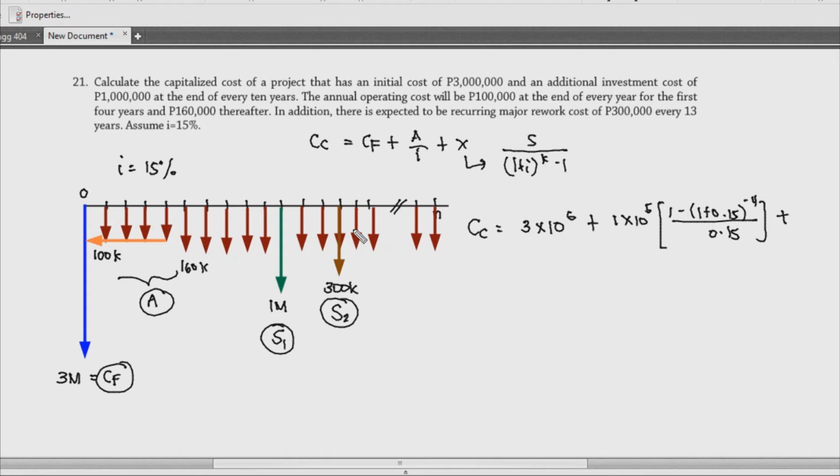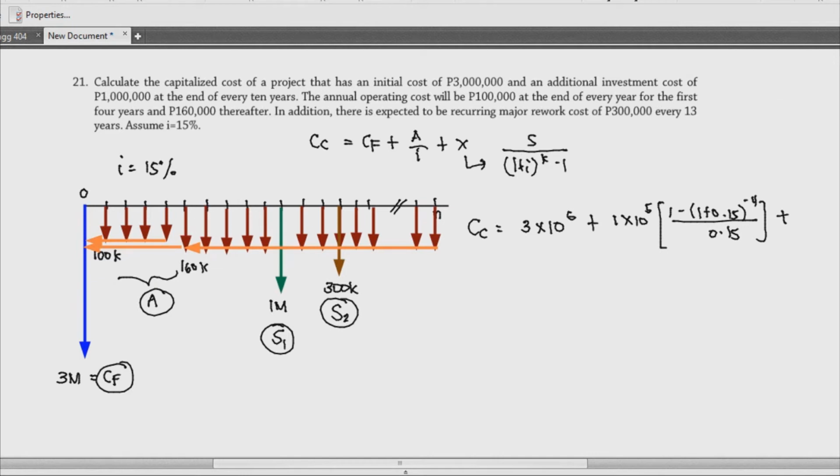Pero, diba, kung meron tayong perpetuity, and then you try to take the present value of that perpetuity. So, basically, ito yun. Nasa N na siya, period, no? We can just say na diba that is A over I. But then again, we have to account yung 4 years na hindi naman nagkaroon ng 160K which is 100K lang.